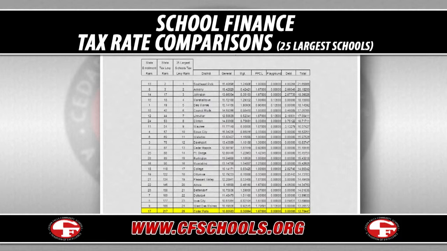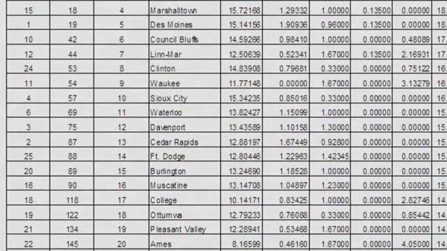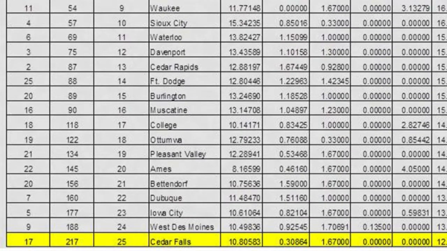We always compare ourselves to our neighbors, and when you compare us to the 25 largest school districts across the state, this would be for the 2014-15 school year, Cedar Falls had the lowest tax rate of those 25 largest school districts by population across the state. And that's broken down by general fund rate, management, PEPL, and all of that to break it all down to show the total rate.